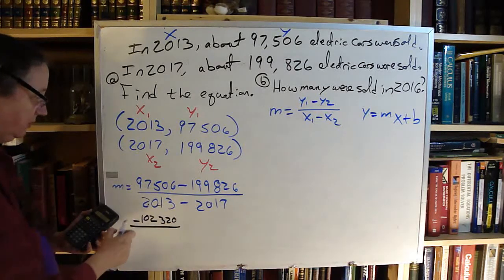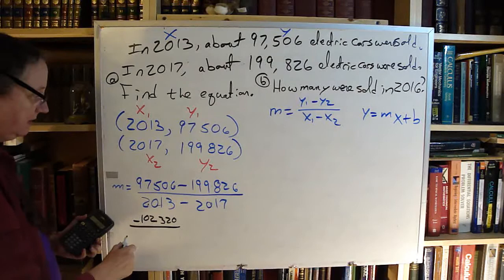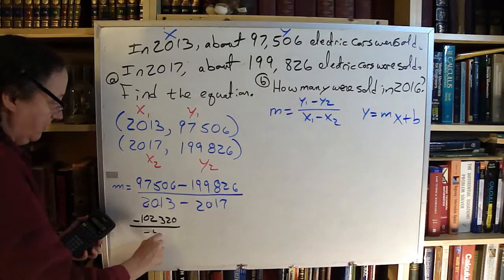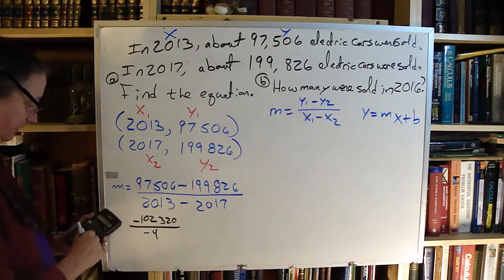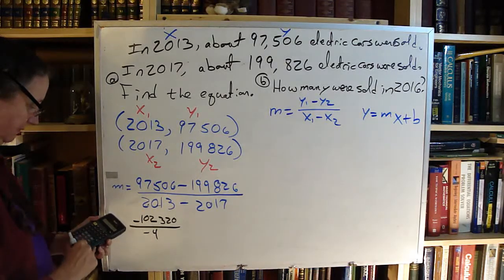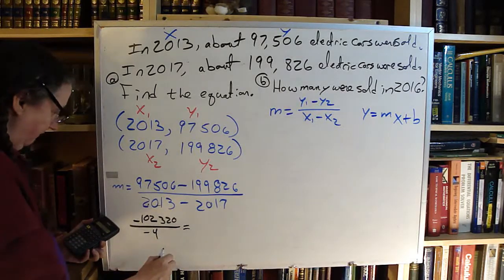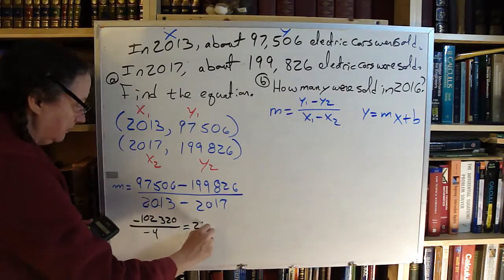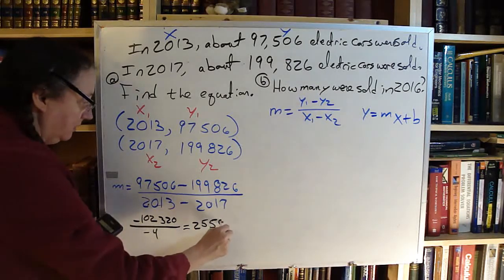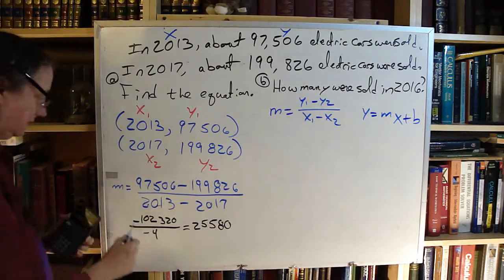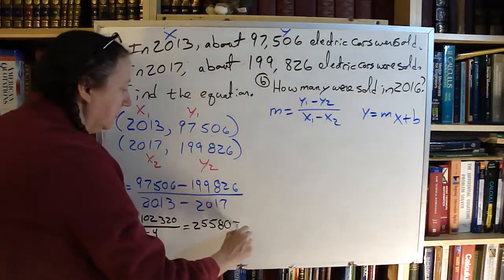And then that's going to go over 2013 minus 2017, so negative 4. A negative divided by a negative is a positive. Dividing that 4 out, I get 25,580. And that is my slope.